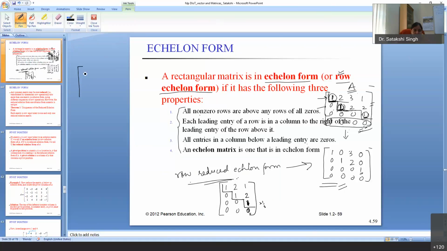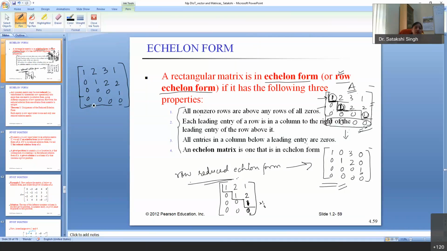As we have taken here 1, 0, 0 and 0. Then you have 2, 1, 0, 0. Then we have 3, 2, 0, 0 and 1, 2, 1, 0. It is not written very neatly.